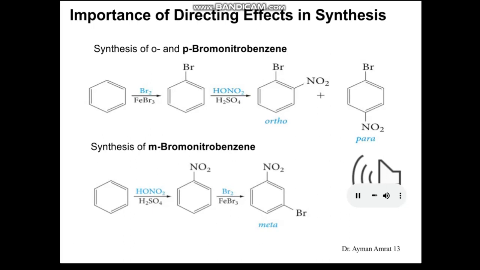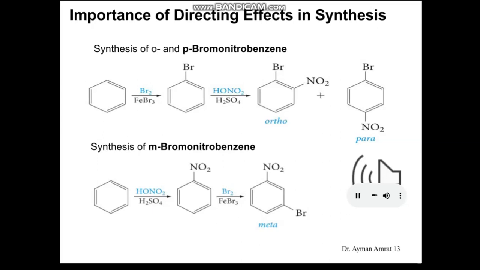What is the sequence? The sequence should be bromination first, then nitration, because the bromo group is an ortho and para director. The nitration goes to the ortho and para positions.